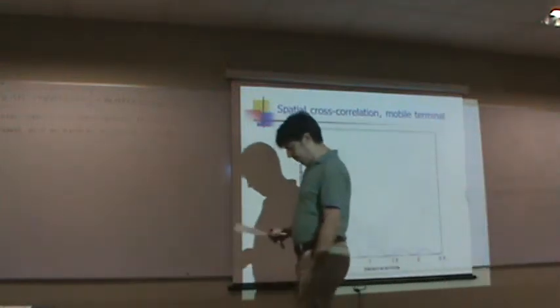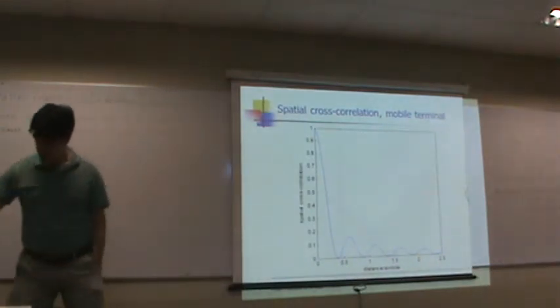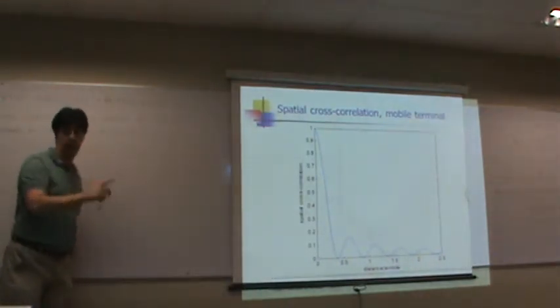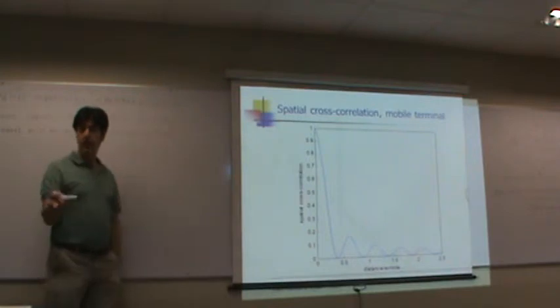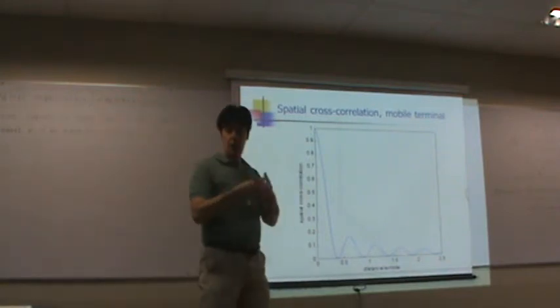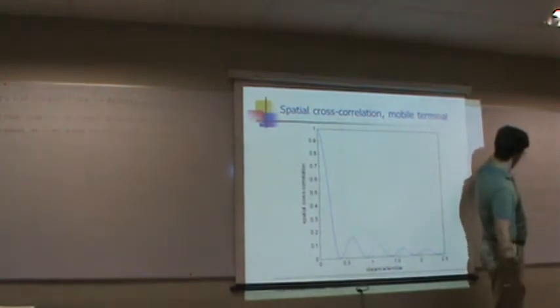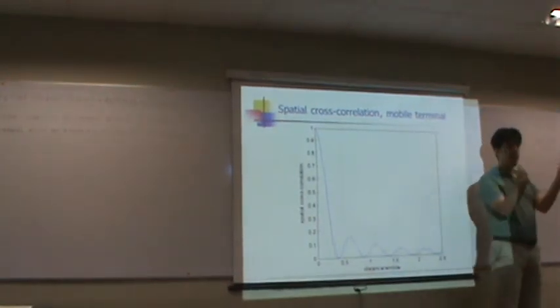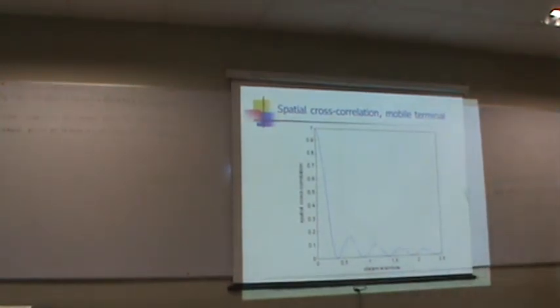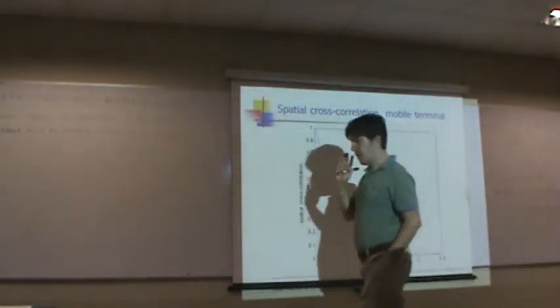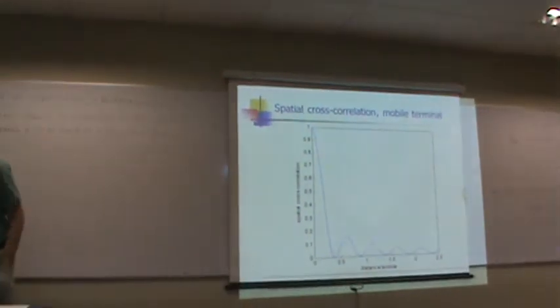So if you calculate the autocorrelation function for this kind of very narrow aperture of direction of arrivals, 10, 20, 30, 40 degrees, the equation that you find is much more complicated than this. But it's interesting to see the result.